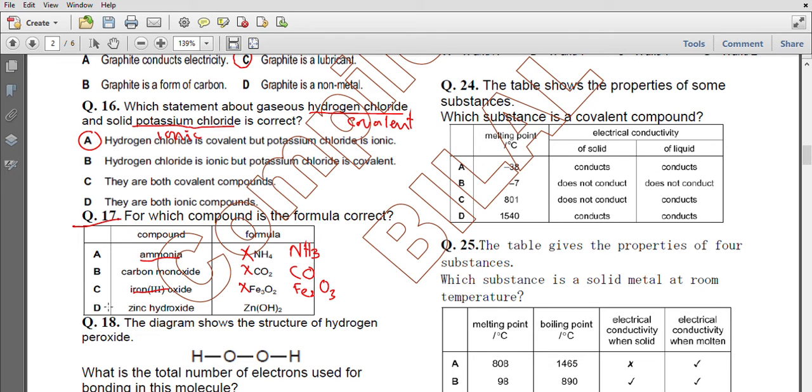That leaves only one option, zinc hydroxide, with the formula Zn(OH)2. You have to remember the charge of zinc is 2 plus, whereas the charge on the hydroxide ion is 1 minus. So when we combine these two ions, we get Zn(OH)2. So the right option for question number 17 is D.